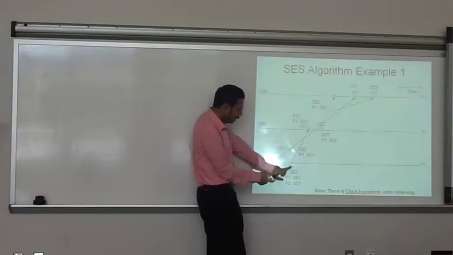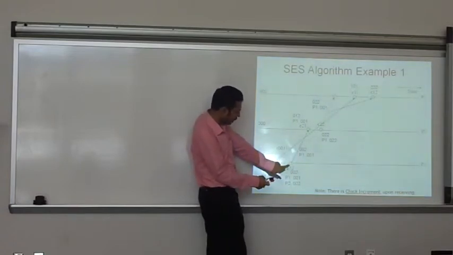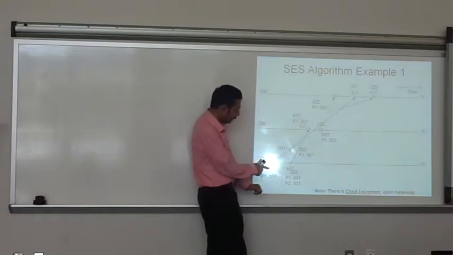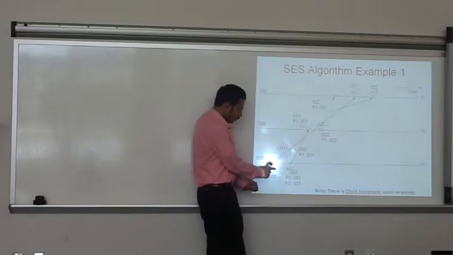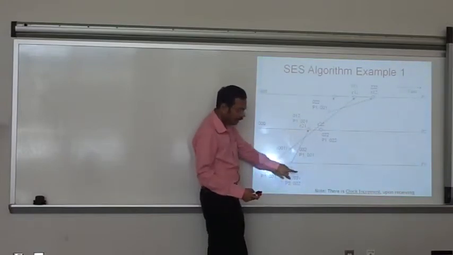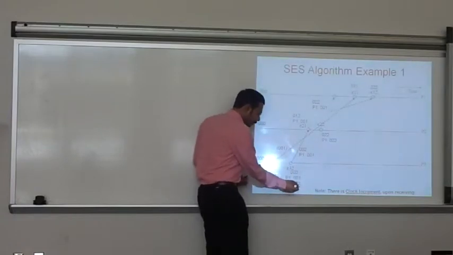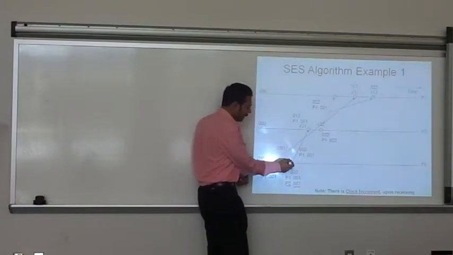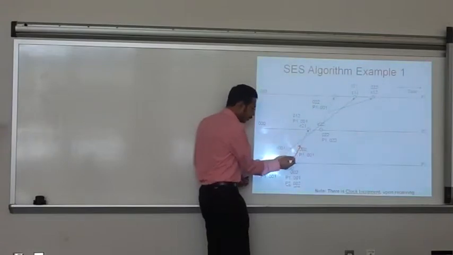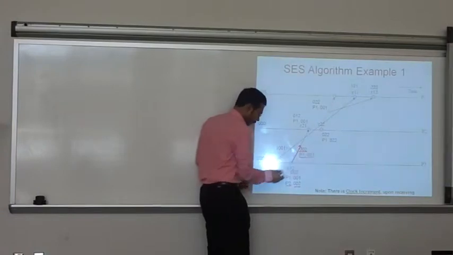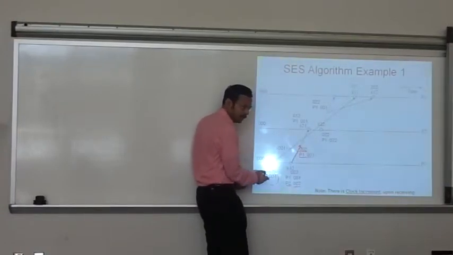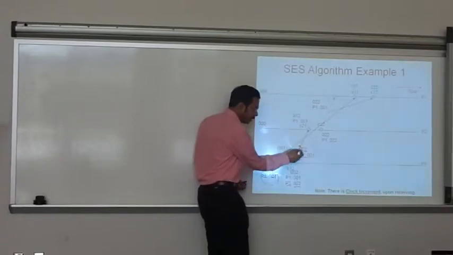And now when P3 sends another message, this time to P2, it increases the clock from 1 to 2, so it is 002. And you see here, in the message, it includes that clock value 002 and, from the previous send, P1 001.